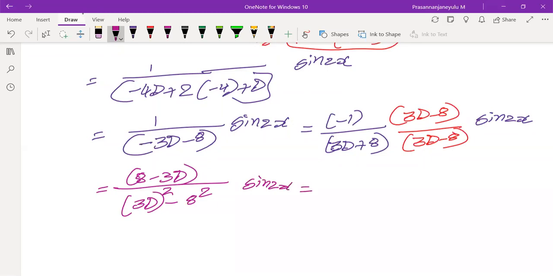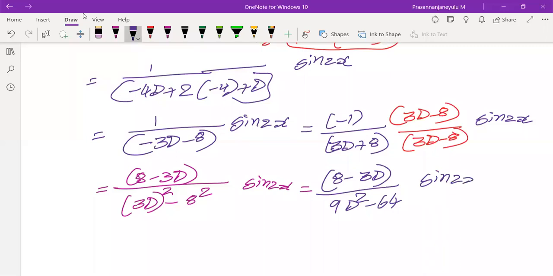Now if we continue with the same process, what is going to become? 8 minus 3d by the denominator, 9d square minus 64. What d square do we have to substitute here in the denominator? According to type 2, put d square equals minus 2 square, which is nothing but minus 4, in the denominator.